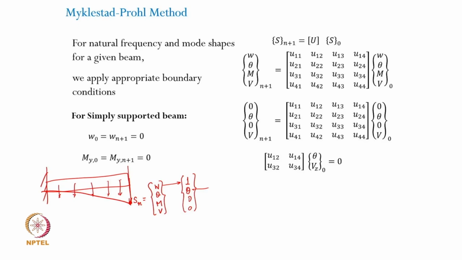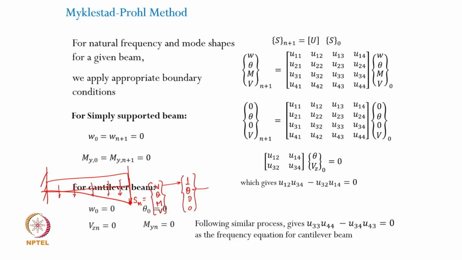So the size becomes very big for large discretizations, and for very large and complex shapes, the number of segments required is large, and therefore the size of the system matrices is going to be very high, and that is not the case here. This is the reason why this has been a very popular method for solving vibration problems. Of course, the finite element method has picked up and has its own merits, but you can write your own simple codes to get reasonably accurate results using this method as well.